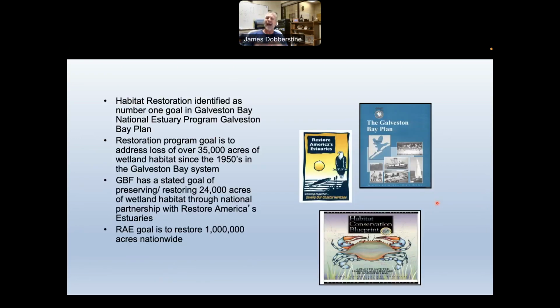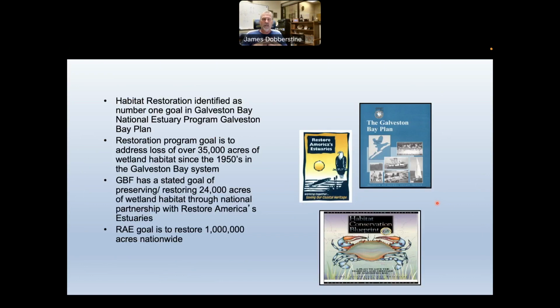And this is guided by a number of plans across a number of entities. The one that is, I think, the overarching plan for Galveston Bay is the Galveston Bay Plan. This was developed by the Galveston Bay National Estuary Program, starting in the late 80s and into the early 90s.